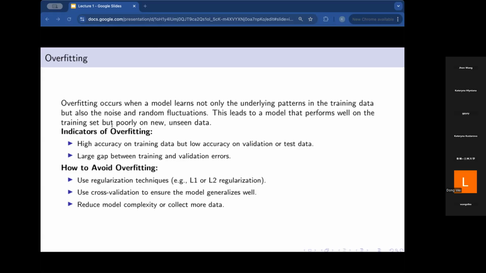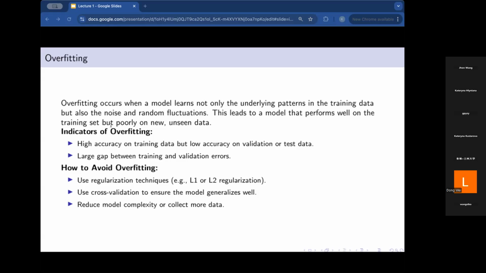And how to avoid this problem? The use of regularization techniques and employing cross-validation. It's another important strategy which involves splitting the data into multiple folds to ensure that the model generalizes well.